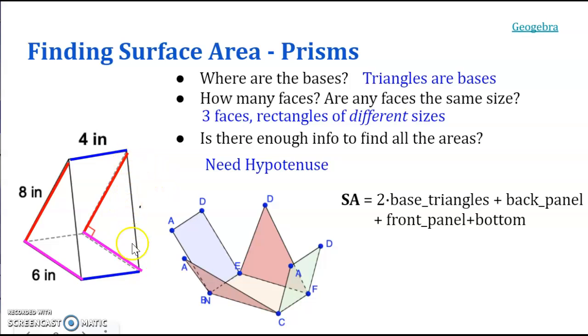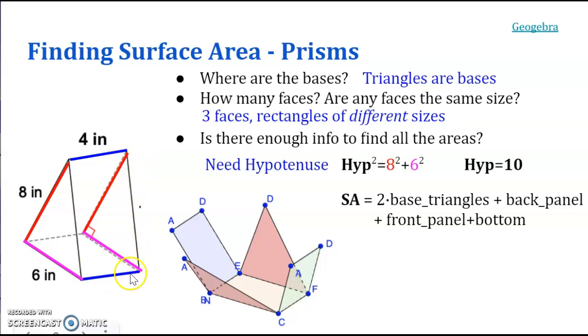We need this length. We are not given this length, but we can figure it out using the Pythagorean theorem because we know this length is 8 inches and this length is 6 inches. And so we can figure out the hypotenuse of this triangle. So hypotenuse squared is going to be 8 squared plus 6 squared. So hypotenuse is 10. We know this length is 10.